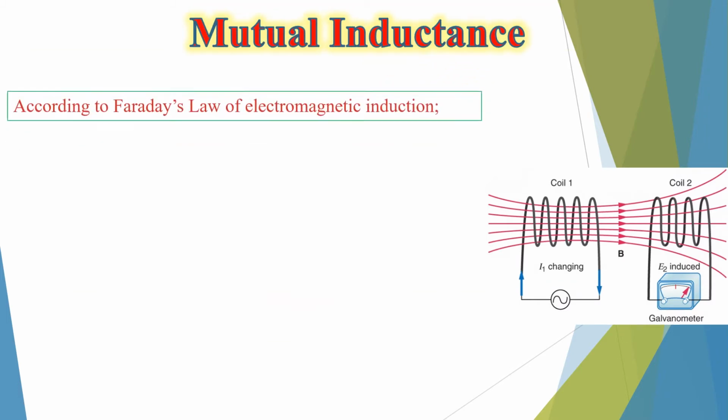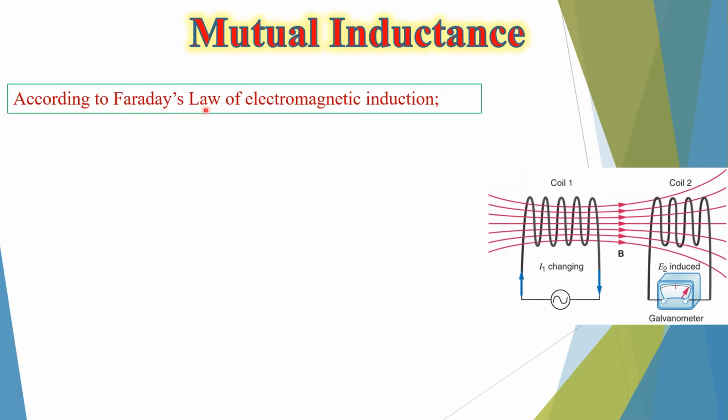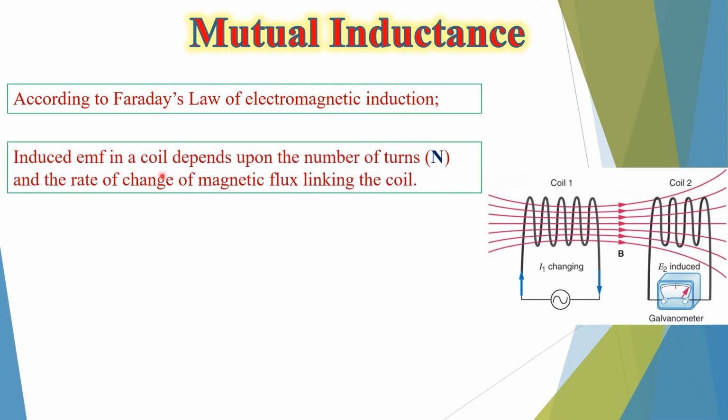Mutual inductance. According to Faraday's law of electromagnetic induction, induced EMF in a coil depends upon the number of turns and the rate of change of magnetic flux linking the coil.